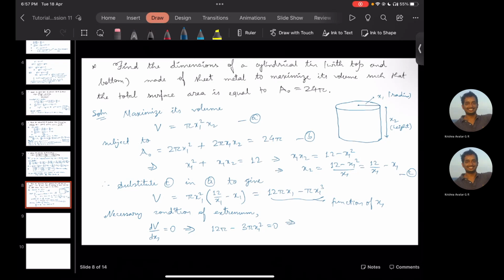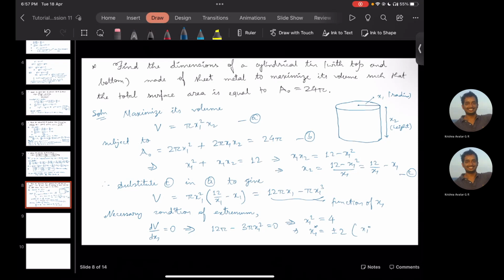We'll factor out 3 pi from both sides, so we have x1 squared is equal to 4, and this implies that x1 is equal to plus or minus 2. Since we denote the extremals of a particular function as x star in optimization, x1 star is equal to plus or minus 2.